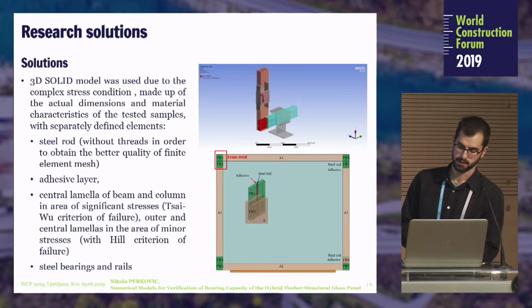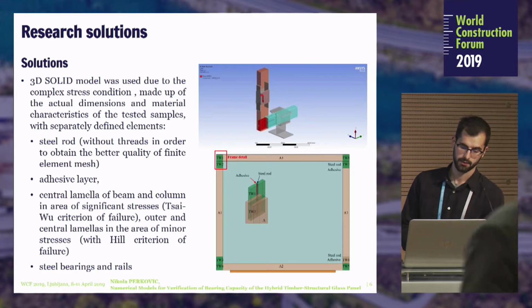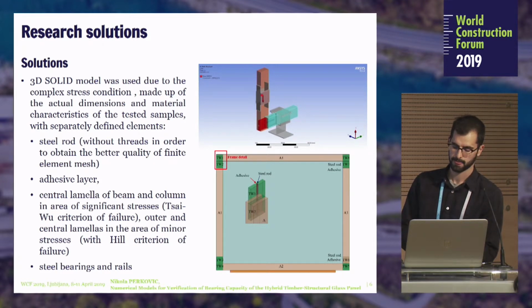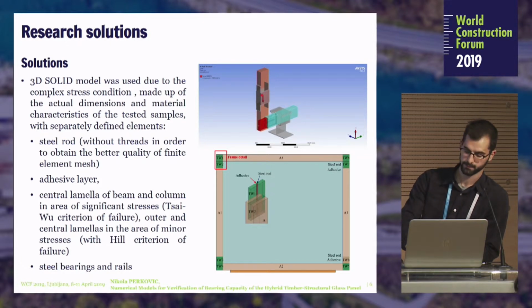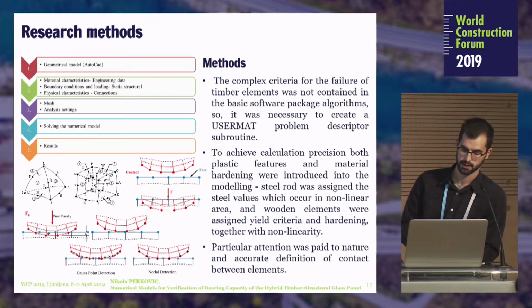I mean the steel rods, adhesive layer, central and lateral lamella, and of course the steel bearing and rails. In these pictures, you can see the detailed numerical model. It looks just like in the test.